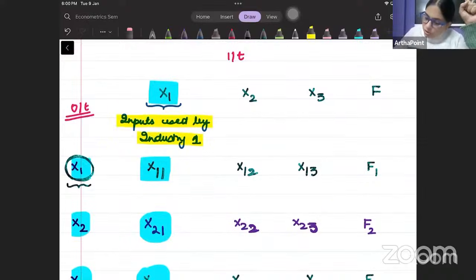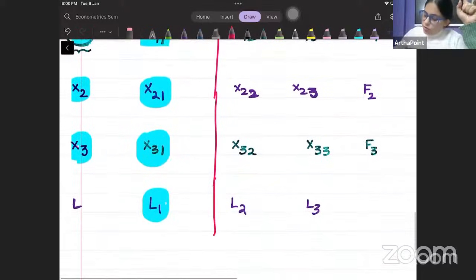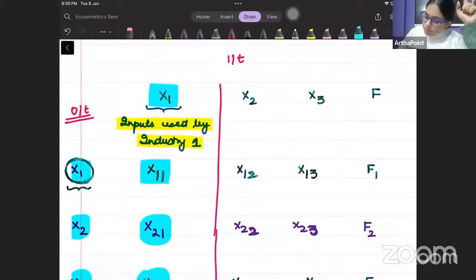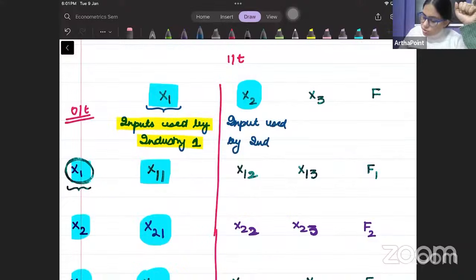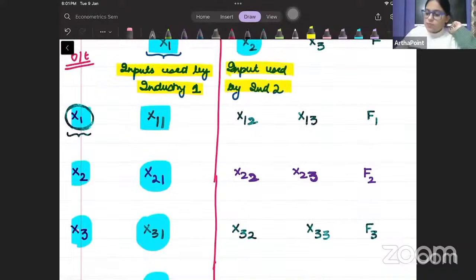Similarly, अगर मैं second column में देखूं, if I look into the second column, beta, it represents the inputs used by industry 2. Inputs used by industry 2.